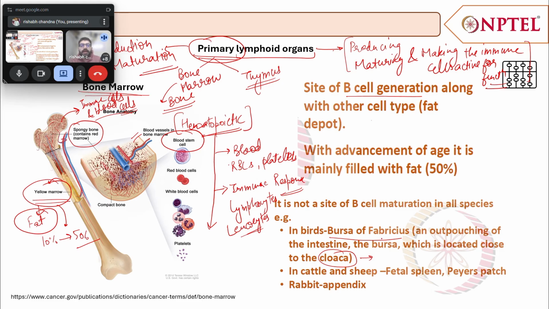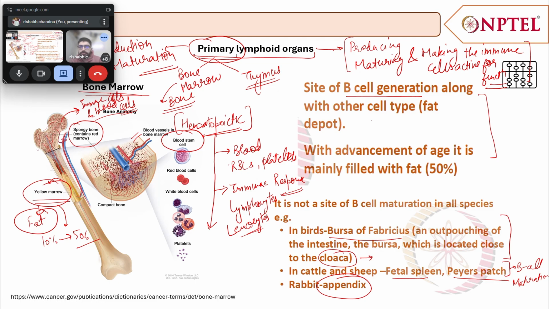In cattle and sheep, the fetal spleen and the Peyer's patches help in B cell maturation. And in rabbits, the appendix helps in B cell maturation. So this is how B cell maturation takes place in humans and in other organisms in which it is specialized.